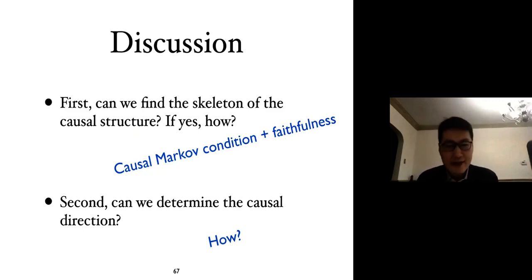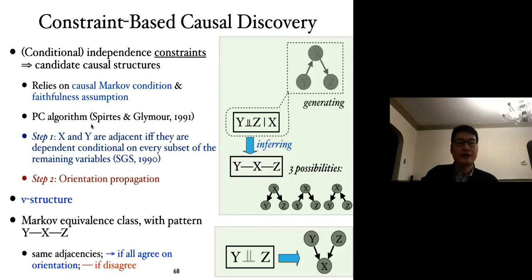And the second thing is, suppose we have the skeleton, then can we find the direction between random variables? Yes, we can do something. First, you can show the following thing. Given the Markov condition and the faithfulness assumption, two random variables are adjacent in the causal graph if and only if they are dependent conditioned on any subset of the remaining variables.